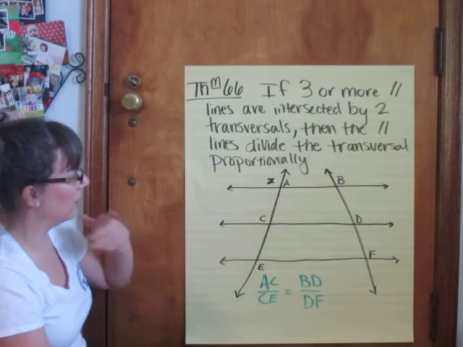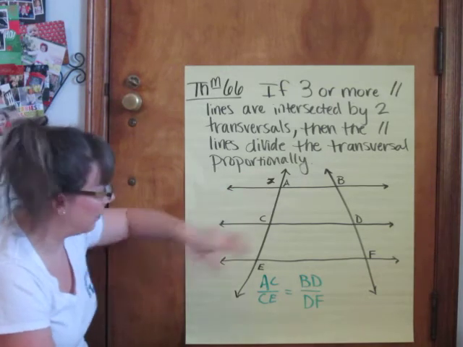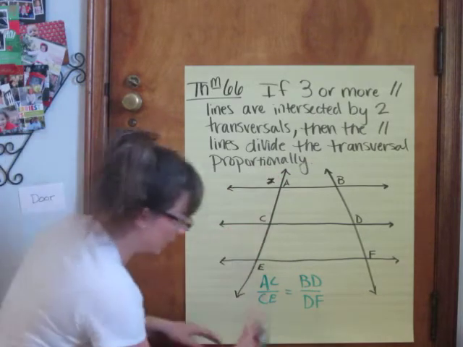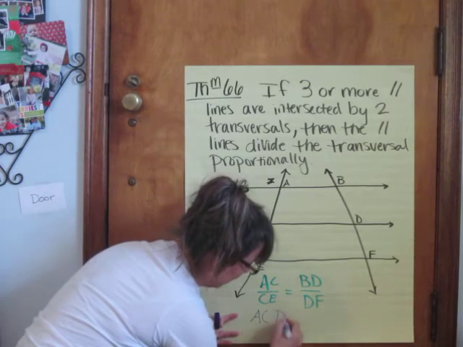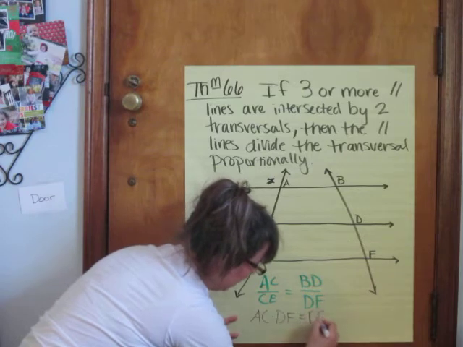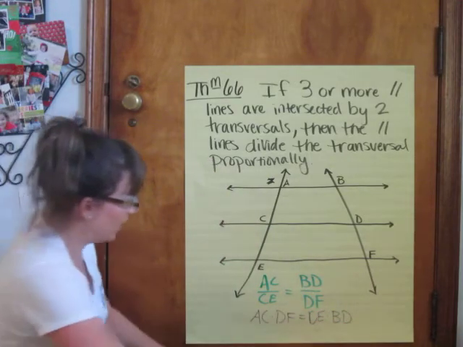You could go, let's see, make sure I do it right, since now I'm on tape. AC over CE, so that means that as long as AC times DF is equal to CE times BD. So how are some other ways I could write this?